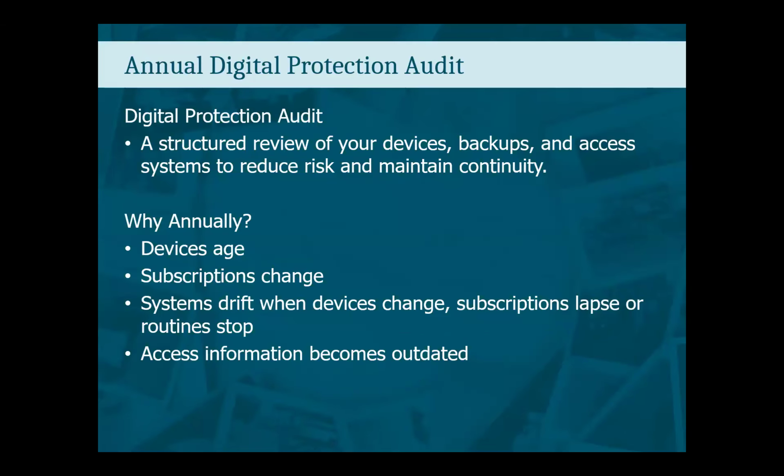Again, so many things age over time, and we get new devices. There's a term called system drift, which is just referring to the natural process of the fact that devices change, subscriptions lapse, routines stop. Sometimes when you update systems, like with OneDrive, things start saving to OneDrive and then they're not saving to OneDrive.